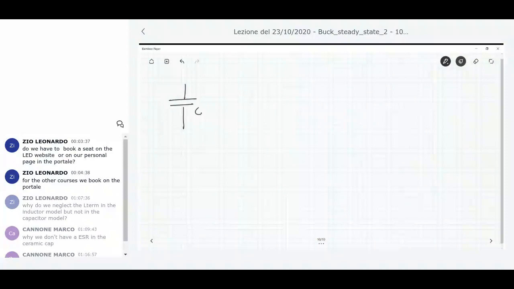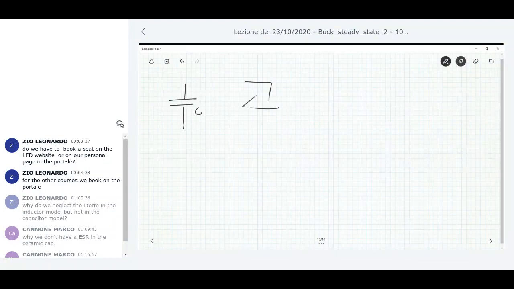So these capacitors are always constructed by having two metallic plates that face one another, separated by a dielectric with a specific dielectric constant. These are the two terminals.